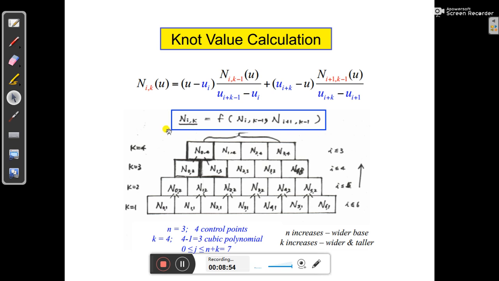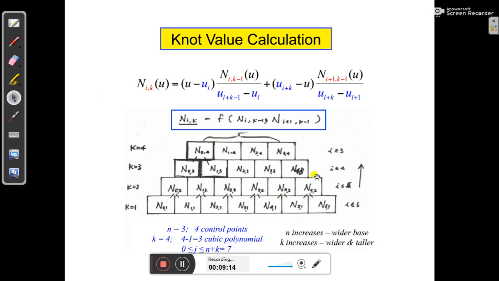Here you can see Nik, this is the equation given for the knot value calculation. Nik is a function of Ni,k-1 and Ni+1,k-1.